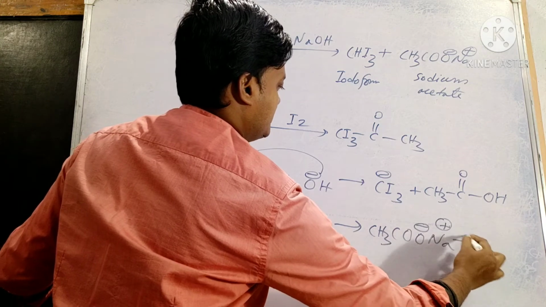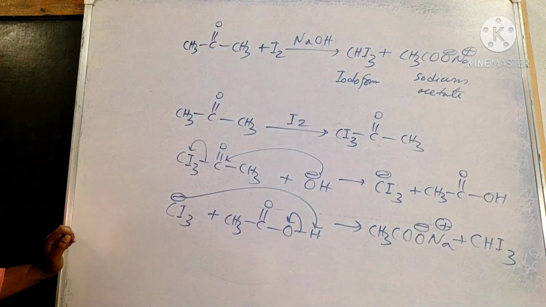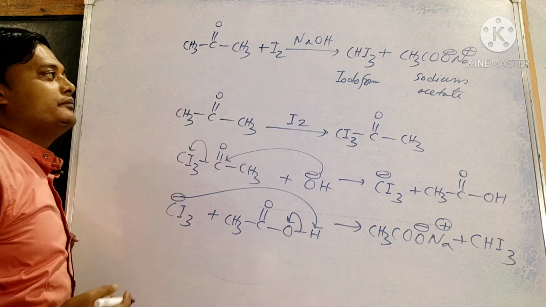Sodium acetate plus CHI3 iodoform. So from acetone we can also prepare iodoform.